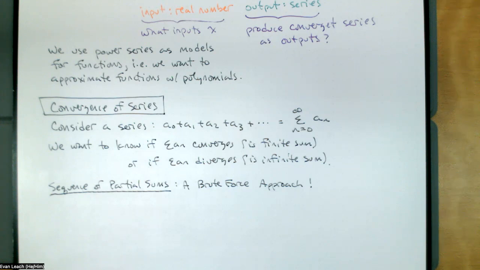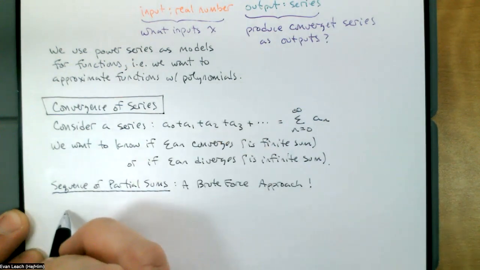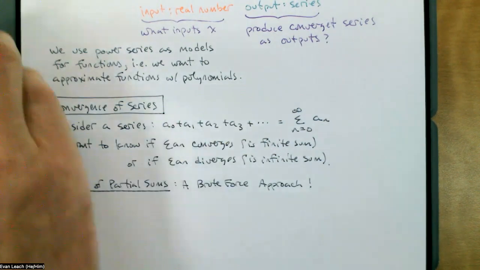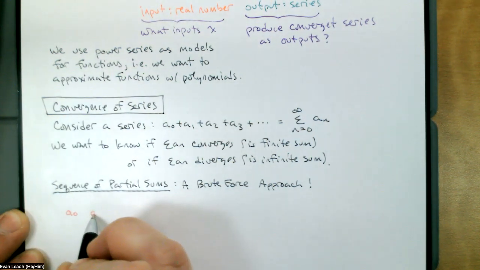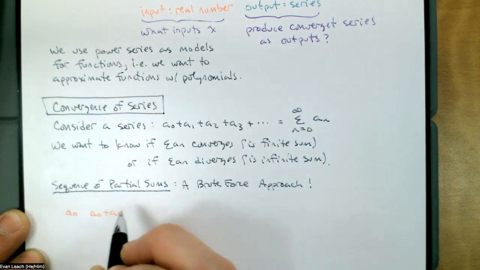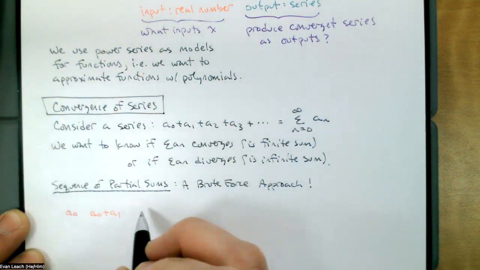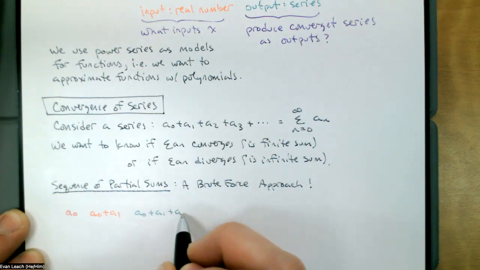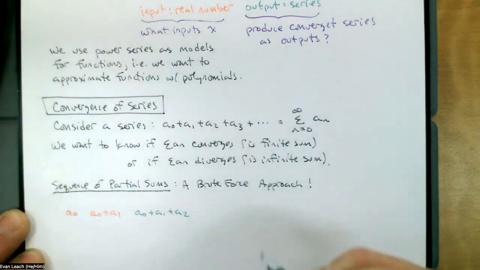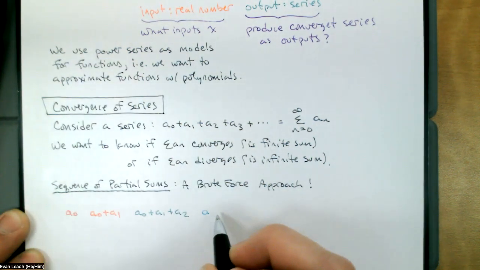So what this means is that we're going to construct a sequence of partial sums. It's like right in the name. So the sequence that we construct is, the first term is just the first term of the sequence. The second term would be the first 2 terms, A0 plus A1. Then the next term, A0 plus A1 plus A2. And we just try to determine if this sequence is going to have a limit.